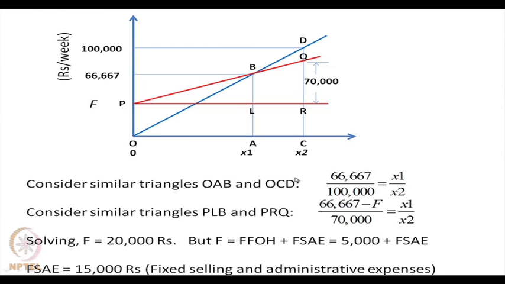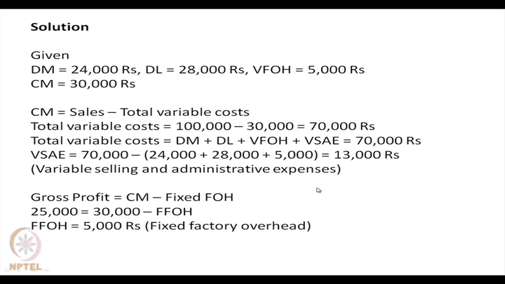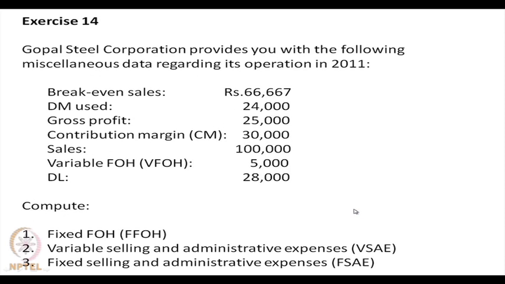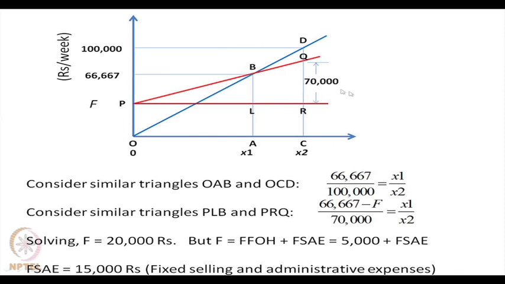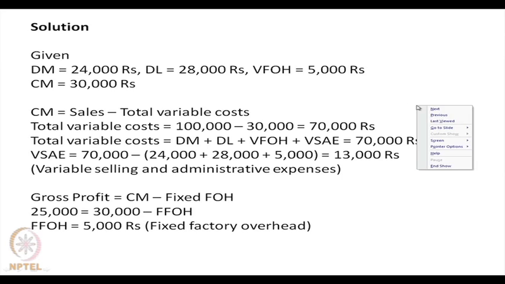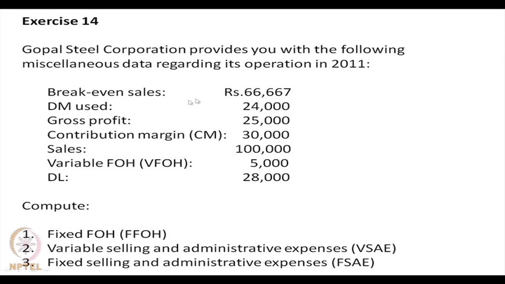Now, we have found out the fixed factory overhead, but we are also required to find out the fixed selling and administrative expenses. For that, we need to use the information given to us on the break even sales.